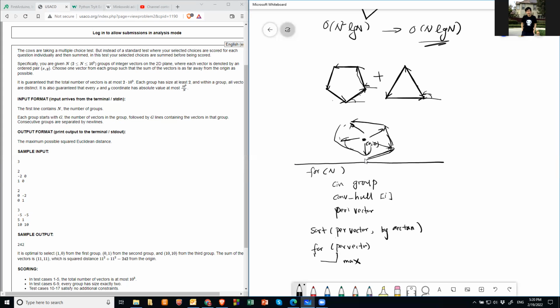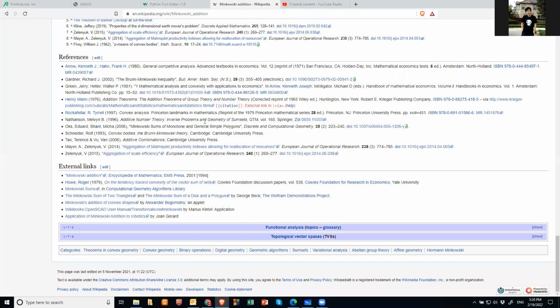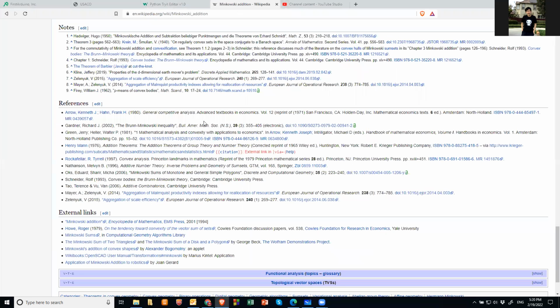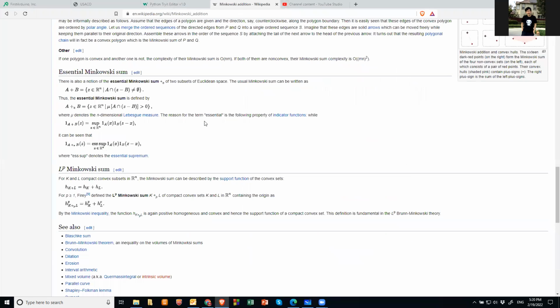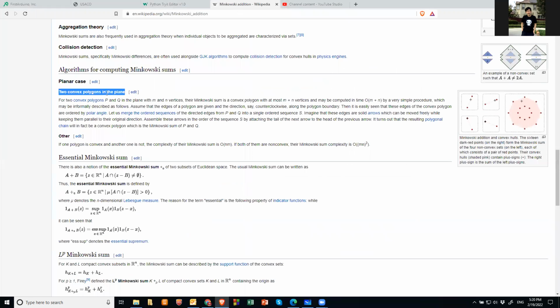So again, I will say this is a math problem. If you know the Minkowski addition, then you can easily solve this. If you don't, unfortunately, I don't think you could.